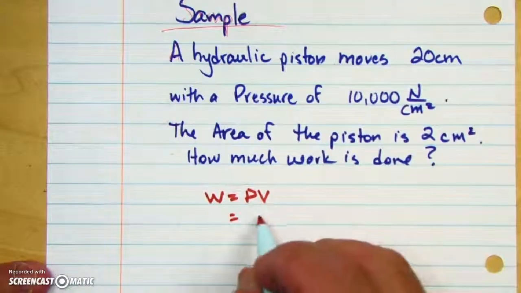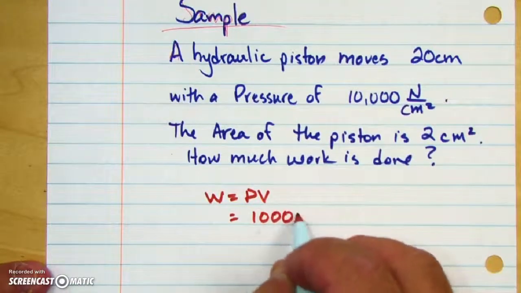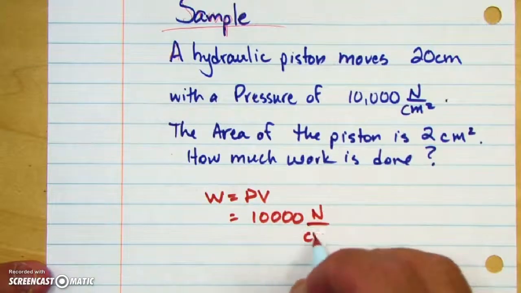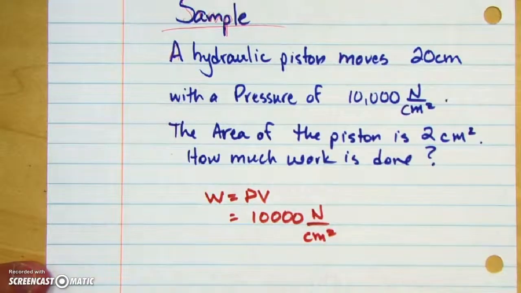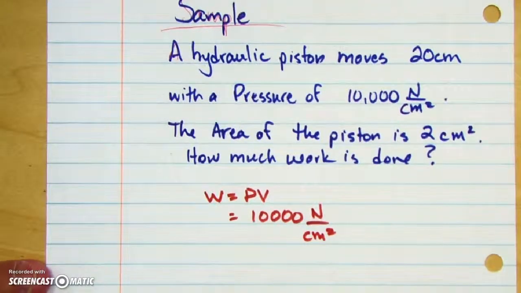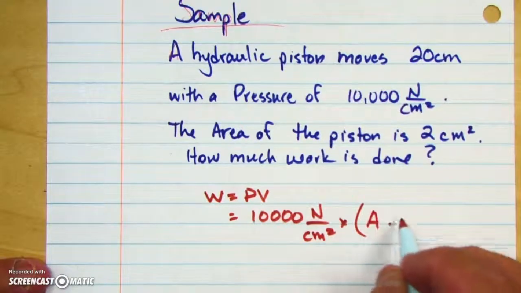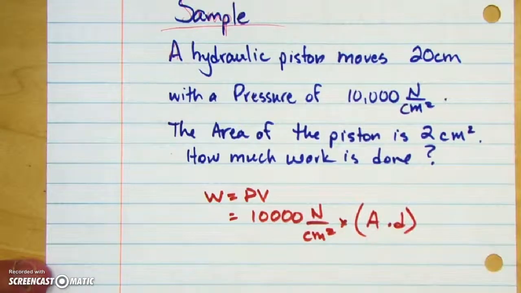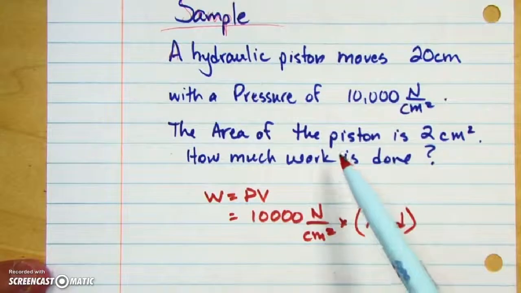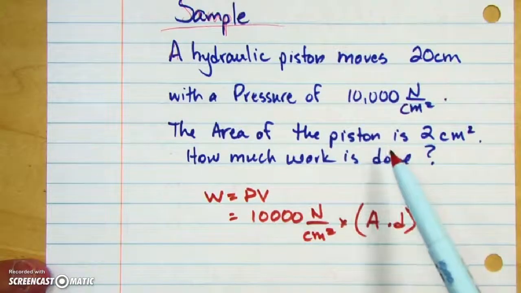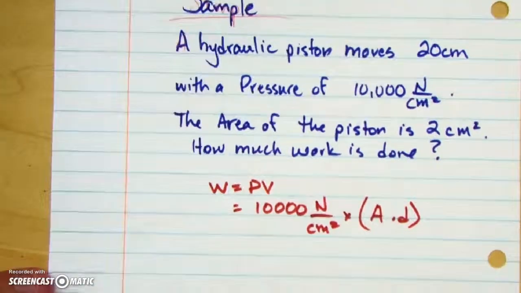So we'll take a look at that. The pressure in this case is easy, 10,000 newtons per centimeter squared. When you write units, I'd write them like that. It makes it easier to work with. Now, volume. Well, volume is nothing more than area times d. And in this one, they actually gave you the area. Now, they could give you the radius of the piston, and that's what we'll do in a laboratory setup.